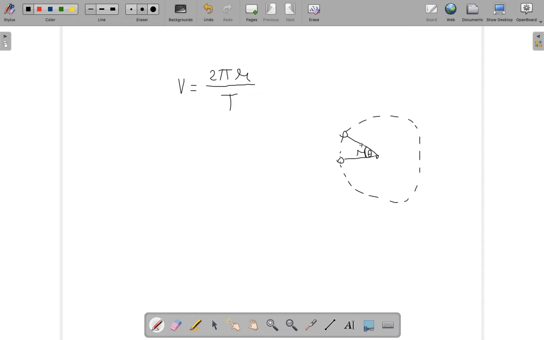The rate of change of this angle, how this angle keeps increasing while going around in the circle, is known as the angular velocity, and it's given by omega. So omega equals change in angle over change in time.